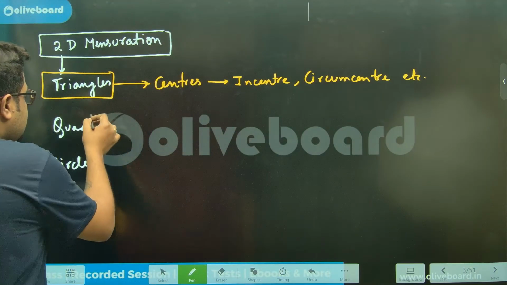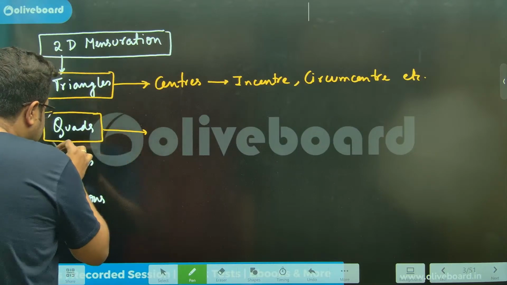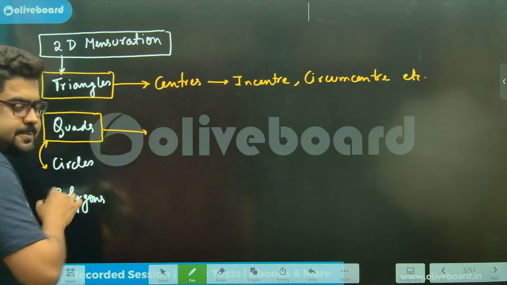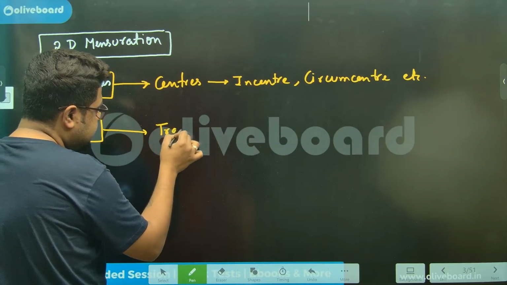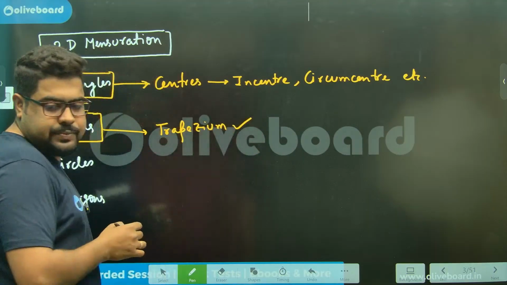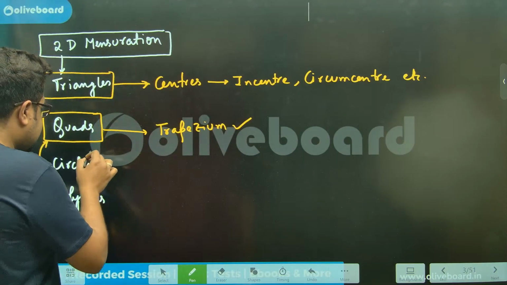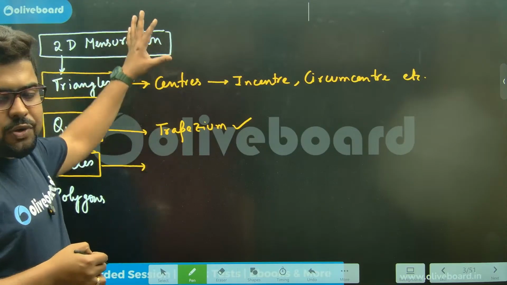From quads, hands down the winner was quads and circle mixed questions. Another one was trapezium. Trapezium, we had a lot of questions. Circles were 70% of all 2D mensuration questions.